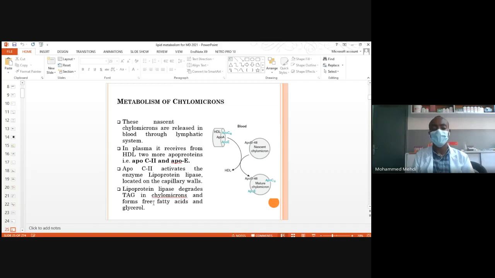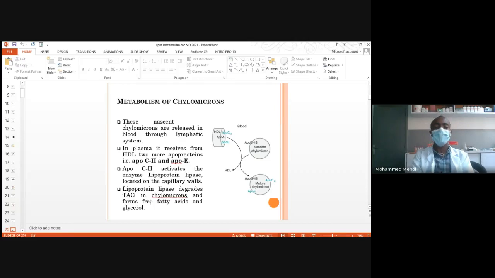Muscle can take fatty acids for energy production, or oxidation of fatty acids. Through this, it supplies energy. Glycerol will be used for gluconeogenesis, or it will be bound with other fatty acids to make another triacylglycerol. This is one option, or one phase.